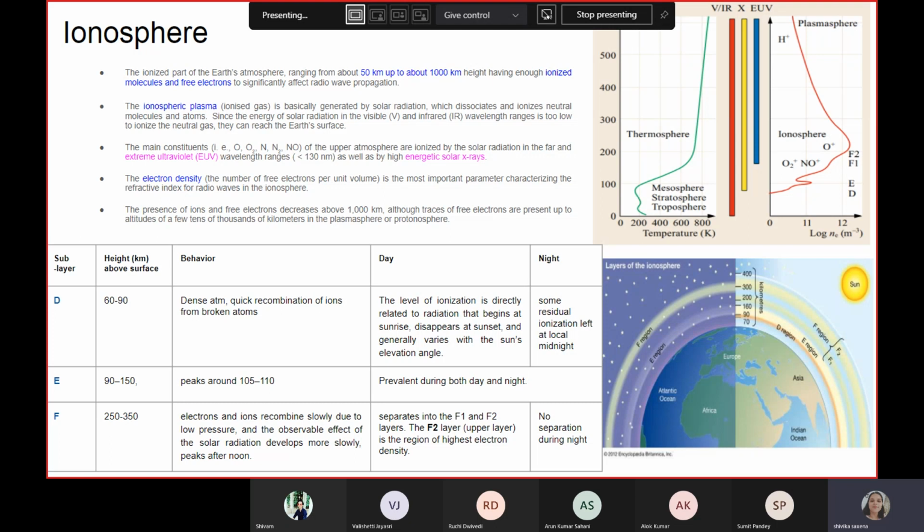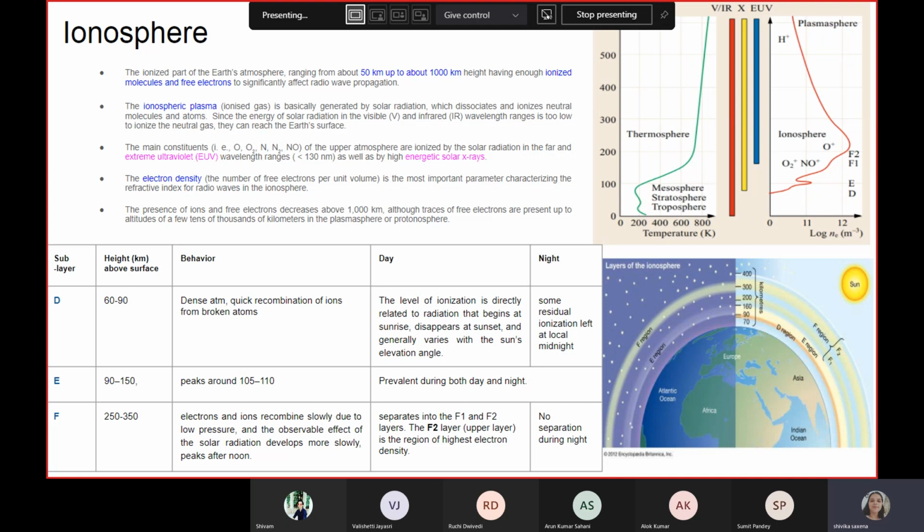These molecules are neutral initially, but after absorbing energy from X-rays and extreme ultraviolet rays, they break into ions and free electrons. So the number of free electrons per unit volume at a particular layer is the electron density contained in that layer.